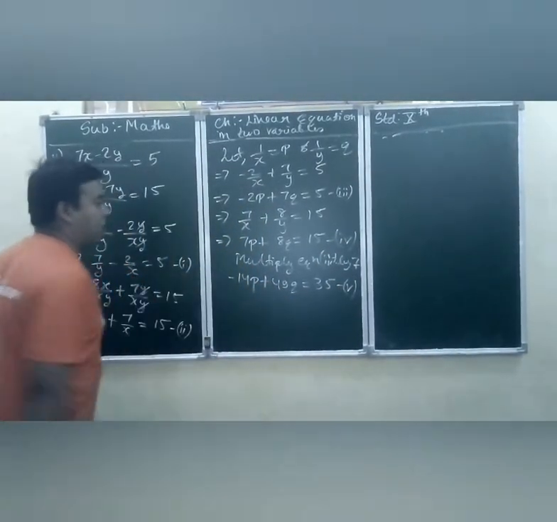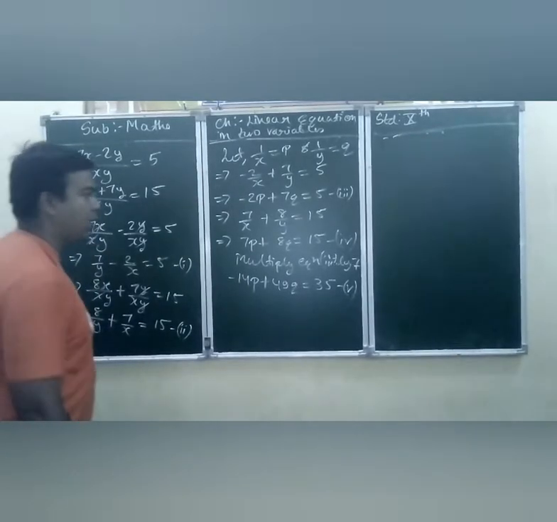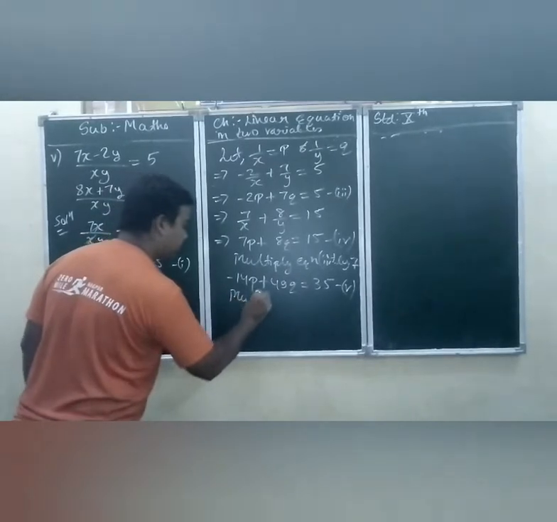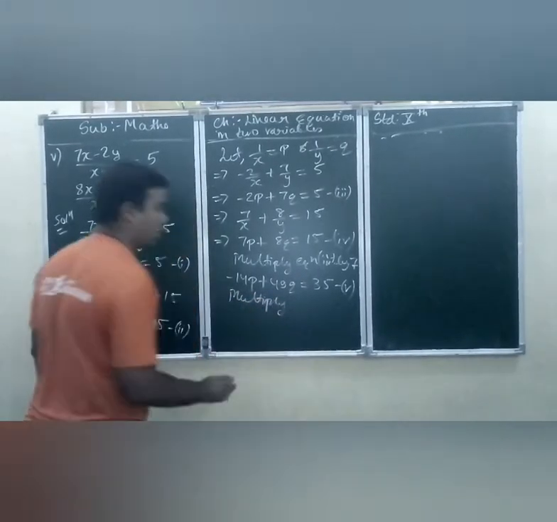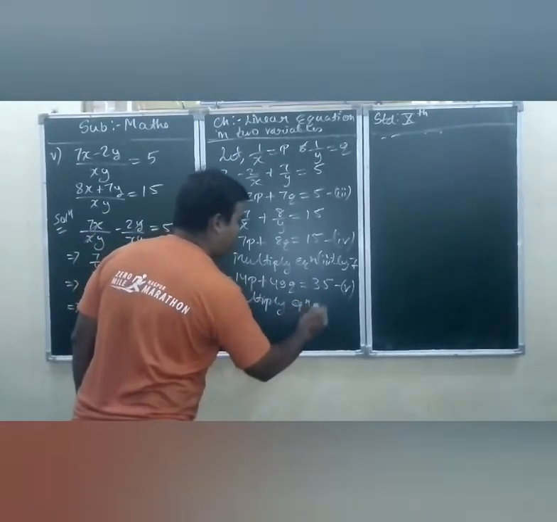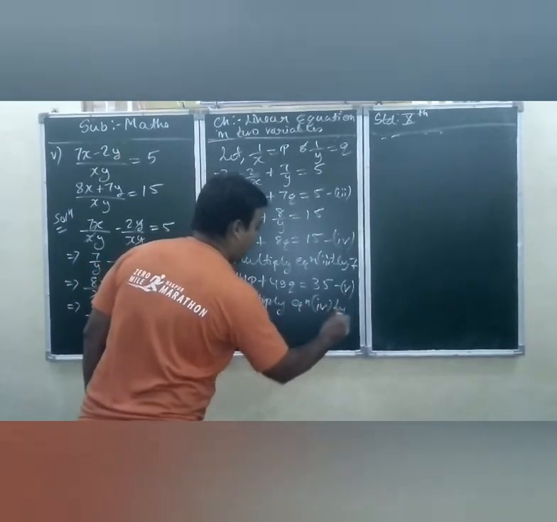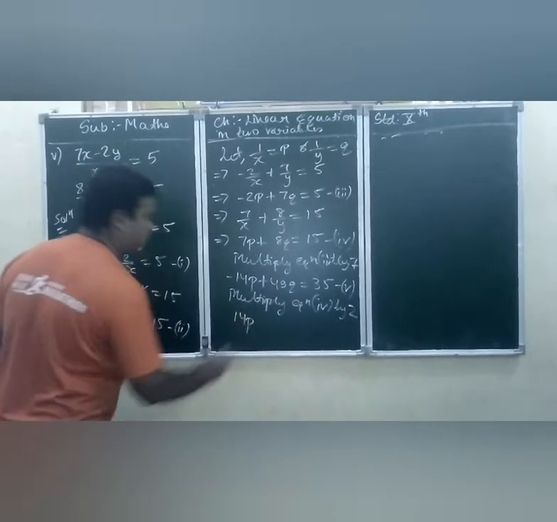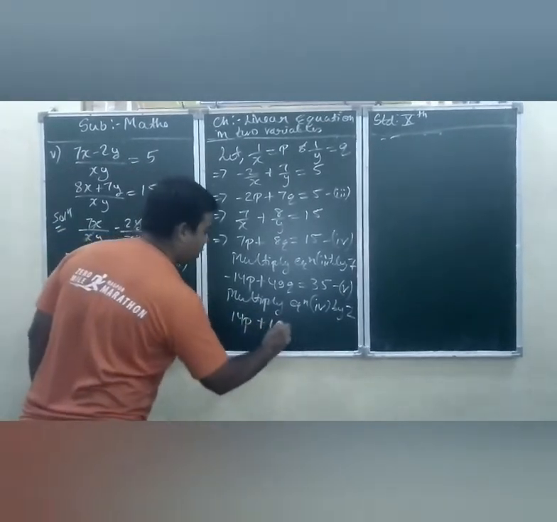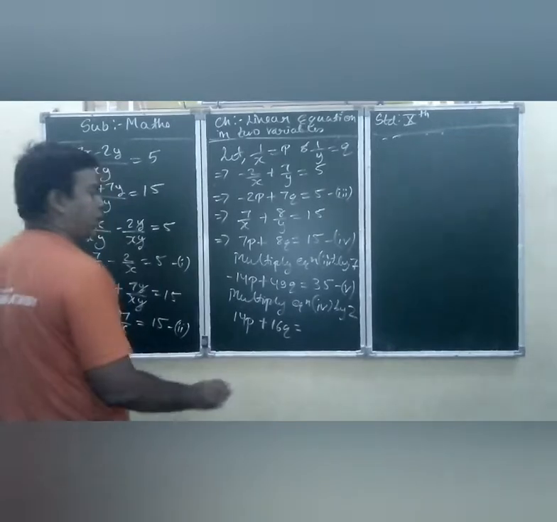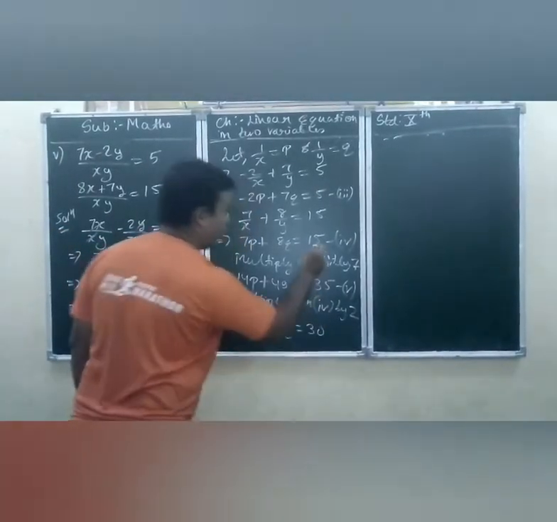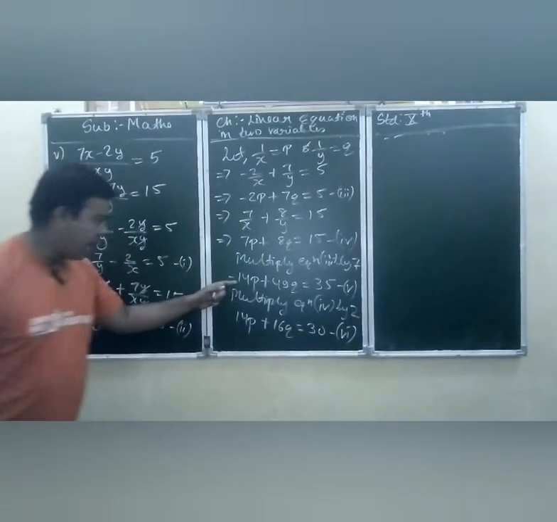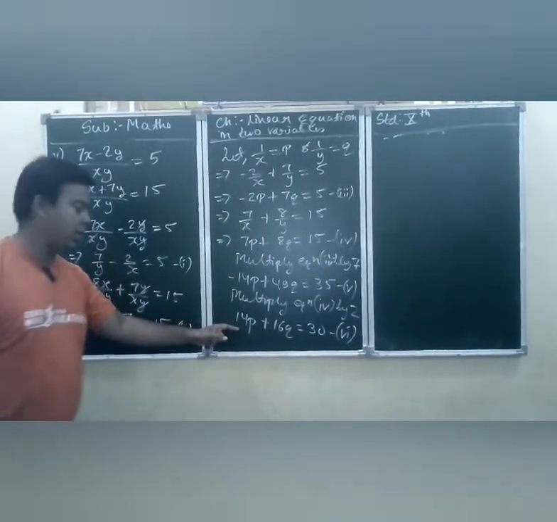Now this equation 7p plus 8q is equal to 15, we multiply equation 4 by 2. So 2 times 7 is 14p plus 2 times 8 is 16q, 2 into 15 is 30. This is equation 6. See, now minus 14p and plus 14p easily cancel.